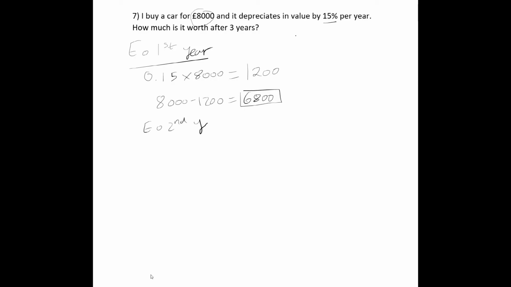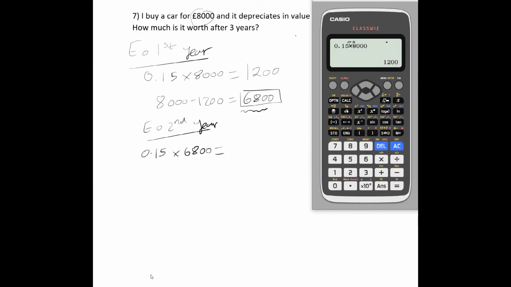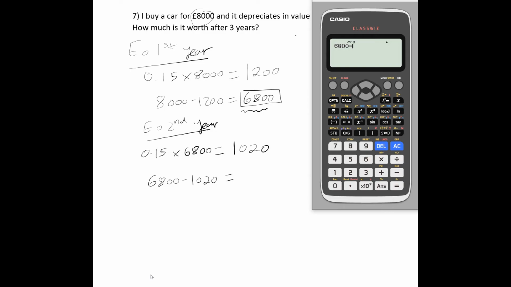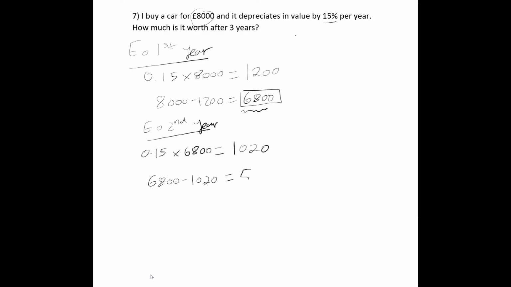At the end of the second year, 15% is taken off, but it will be taken off £6,800. So I need to work out 15% of £6,800, which is £1,020. And then I need to subtract this from £6,800. So that's going to be £5,780. That's how much the car is worth after 2 years.